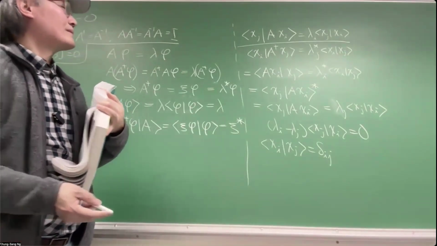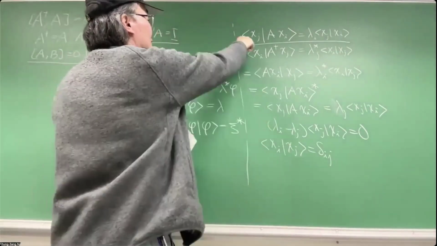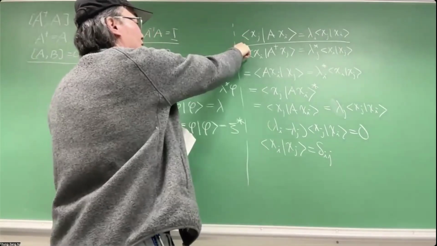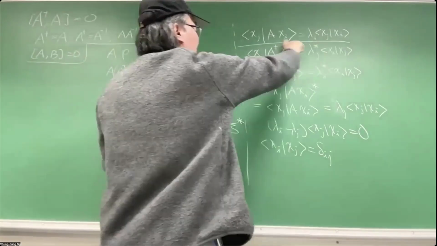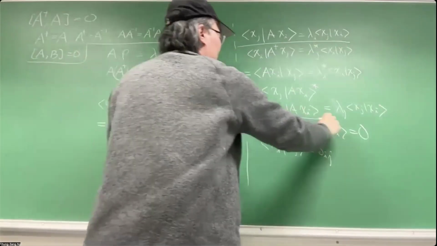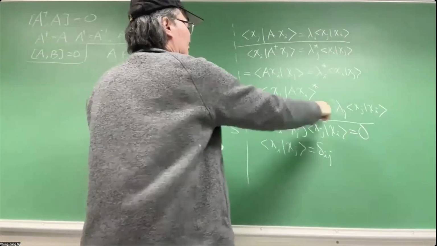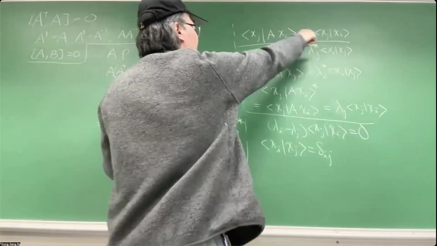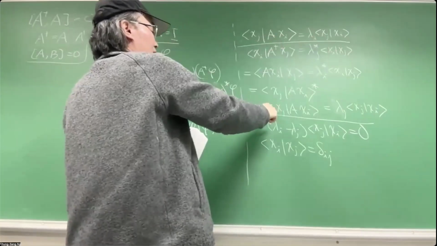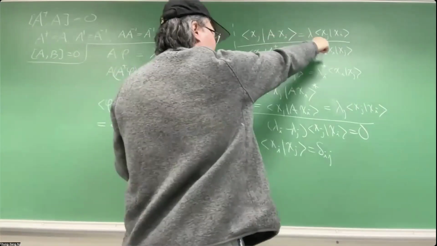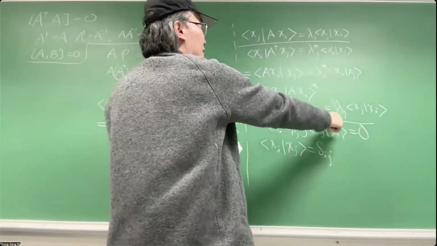Then we can subtract the first equation from the second, which is the last line, and finally we get lambda sub i minus lambda sub j, multiplied by the scalar product of x sub j and x sub i, equals 0.